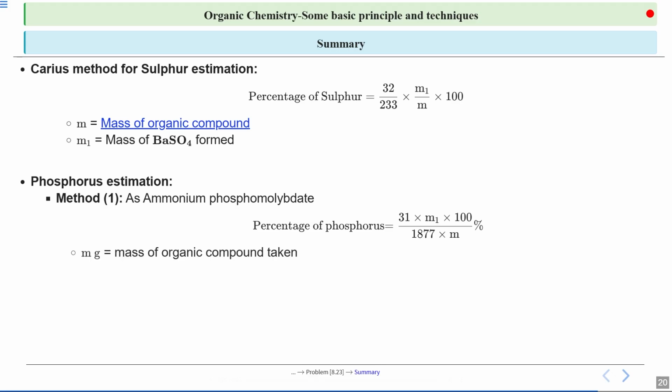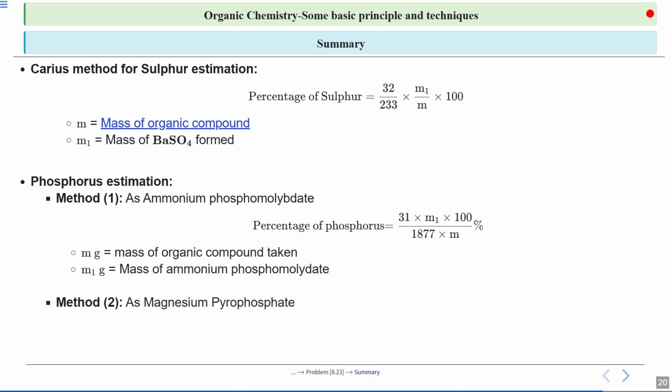Here, m gram refers to the mass of the organic compound taken for analysis. Then we have m1 gram in the formula, which is the mass of the ammonium phosphomolybdate formed during the reaction. This compound is used to precipitate phosphorus for measurement.